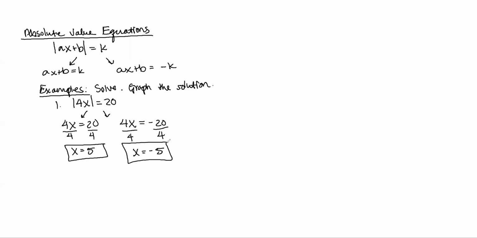So if we were to plug this back in, to always double check your work, if we have our equation, the absolute value of 4x equals 20, well, we have the absolute value of 4 times 5 equals 20, and that gives us the absolute value of 20 equals 20, which is true. 20 is 20 units away from 0.